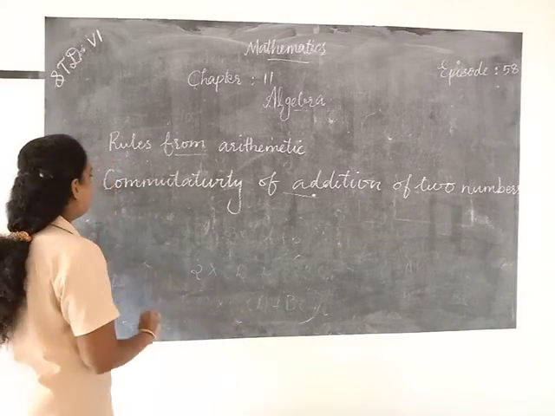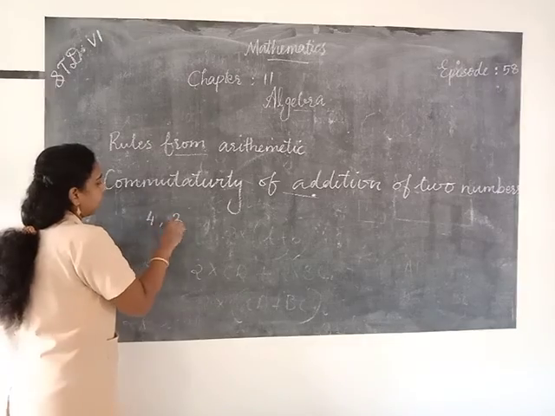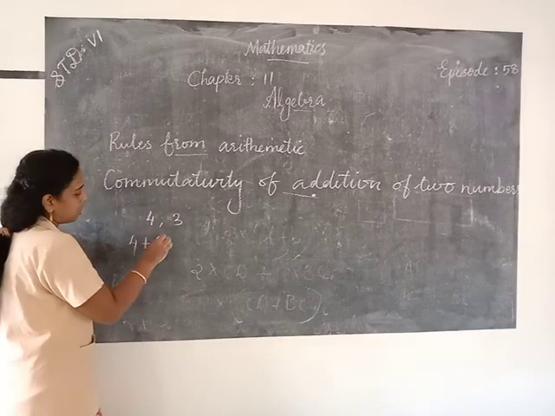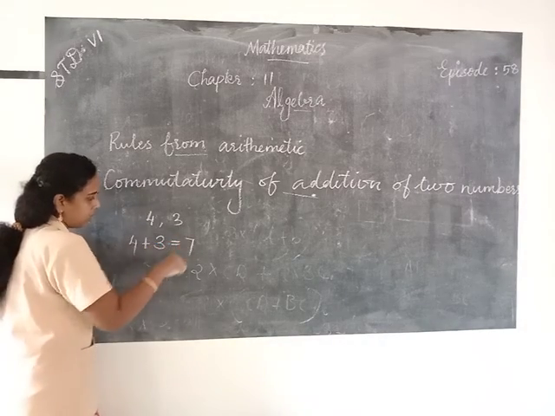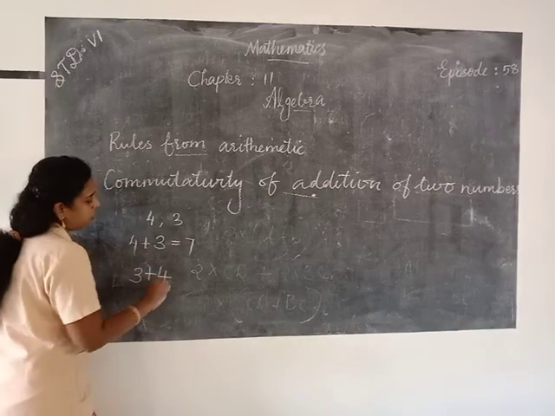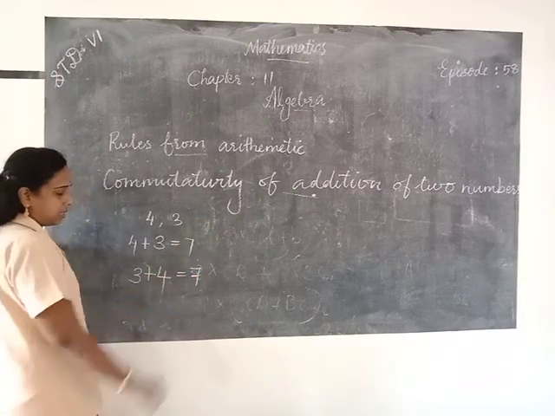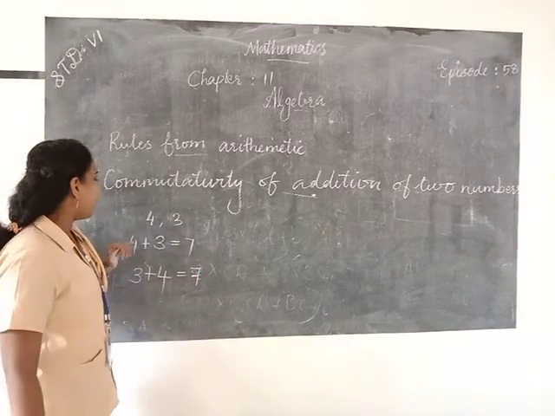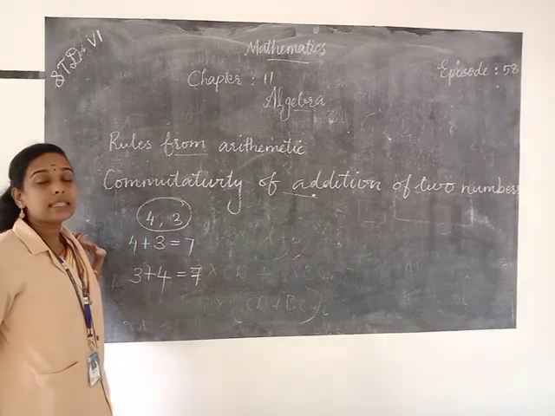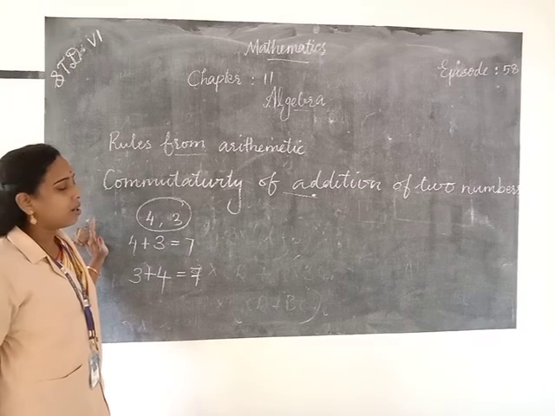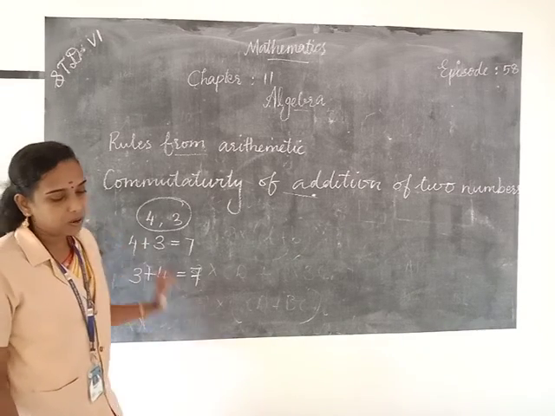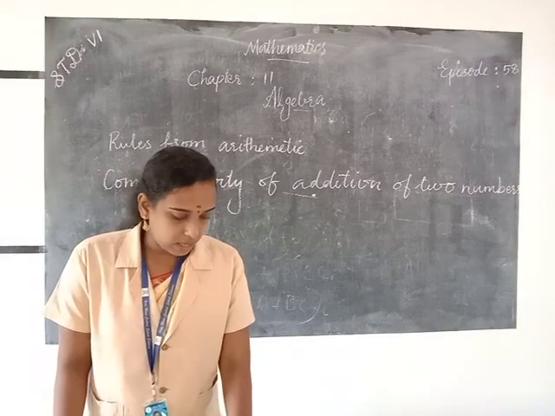For example, we take the numbers 4 and 3, then we can add 4 and 3 in two ways. That is 4 plus 3, then we get 4 plus 3 is equal to 7. Then we add 3 plus 4, then we also get 7. So we can add two numbers in any way, then we get the same answer, and it is called the commutativity of addition of two numbers.